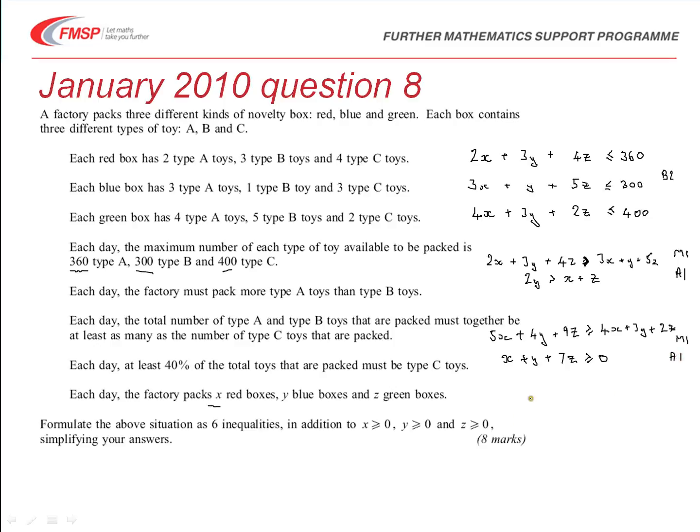So now we've got 5, so down to the last inequality, which says each day at least 40% of the total toys that are packed must be type C toys. Type C toys are given by 4x plus 3y plus 2z, and they've got to be at least 40% of the total.